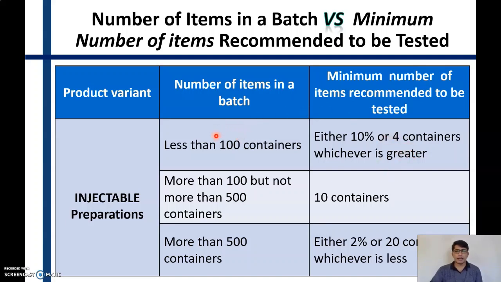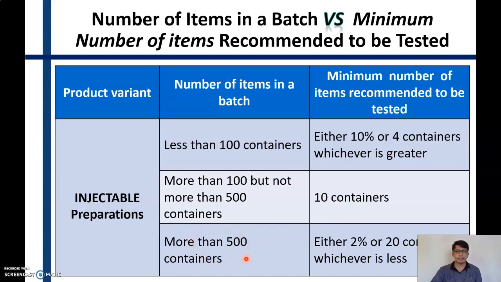So if the batch production is 80, we have to take either 10% of the 80, that is 8 bottles, or 4 containers, whichever is greater. 8 is greater than 4, so we have to take 8 containers for sterility testing. Now if the batch production is more than 100 containers and less than 500 containers, we will take 10 containers for sterility testing.